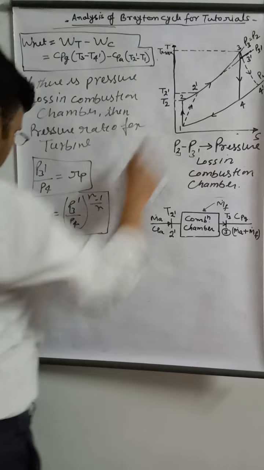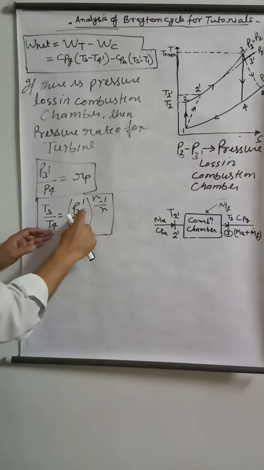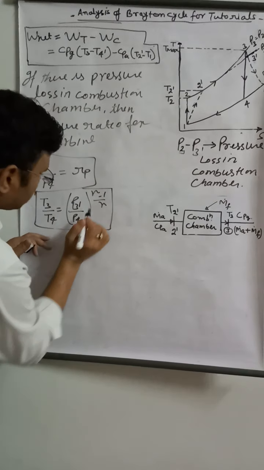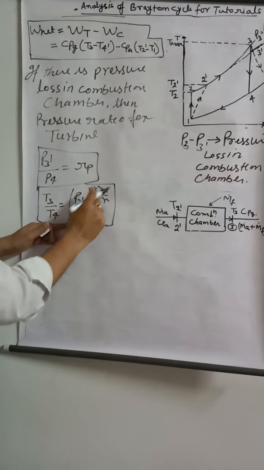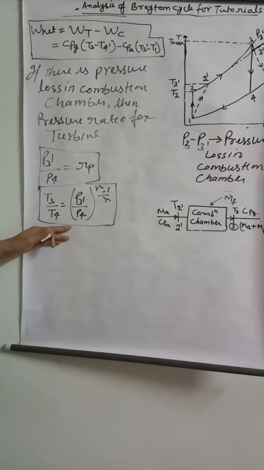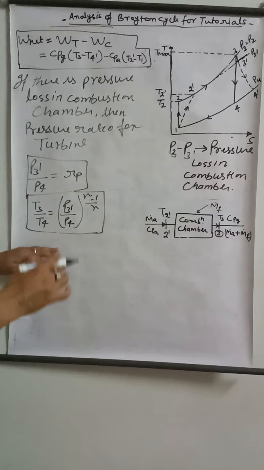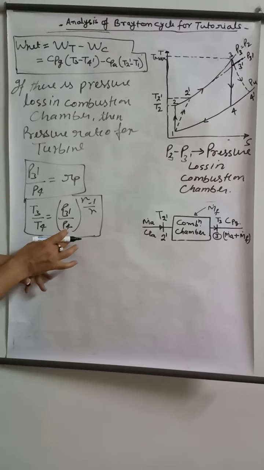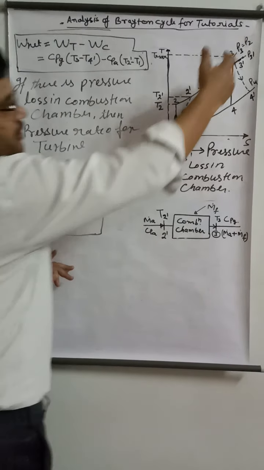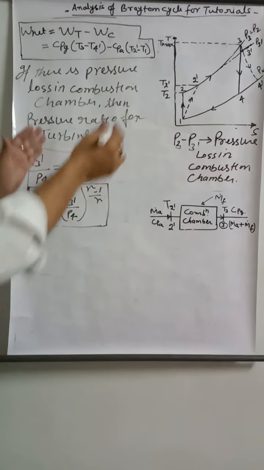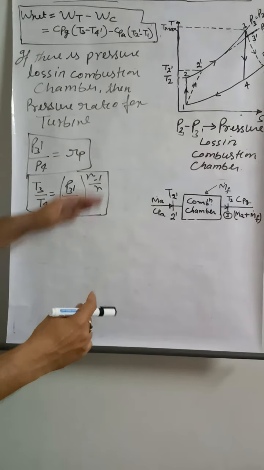T3 upon T4 is equal to P3 dash upon P4 to the power gamma minus 1 upon gamma. Means for such numericals, when there is pressure loss in the combustion chamber, we have to apply this relation for turbine expansion.